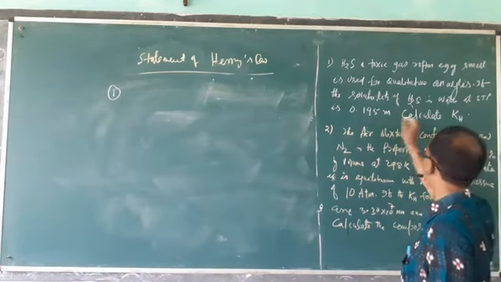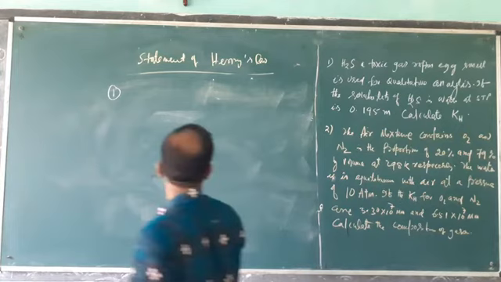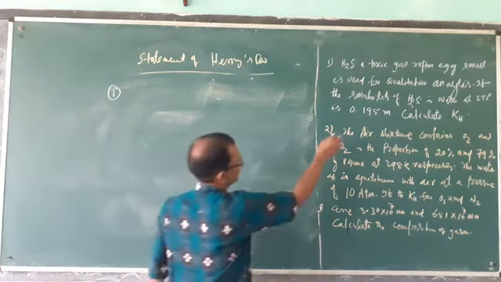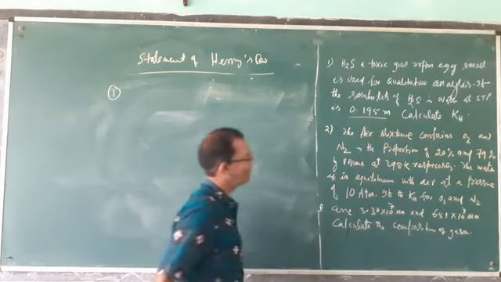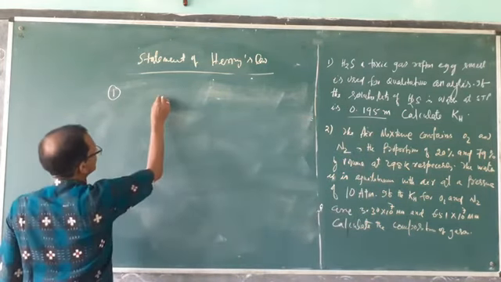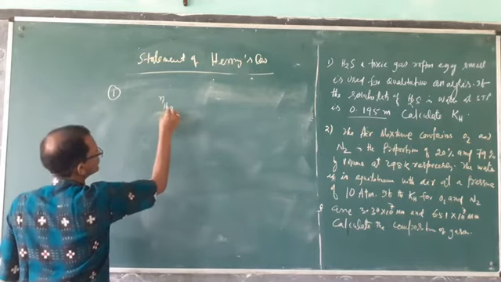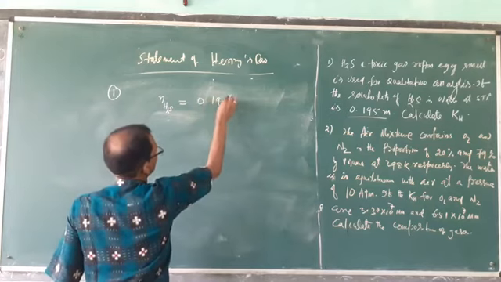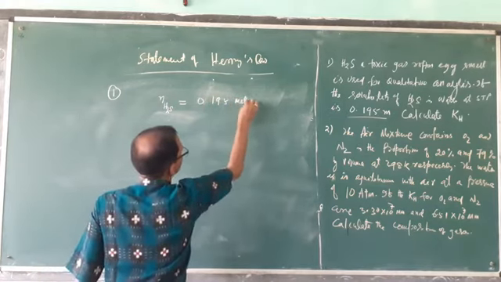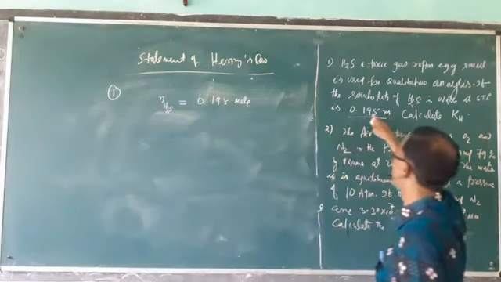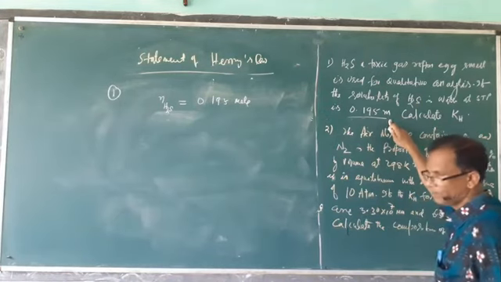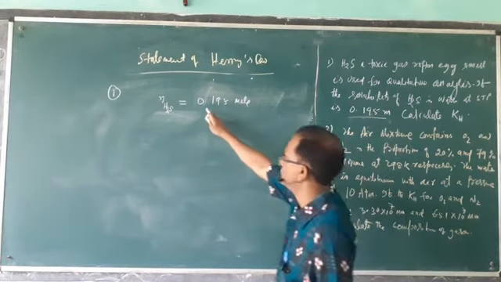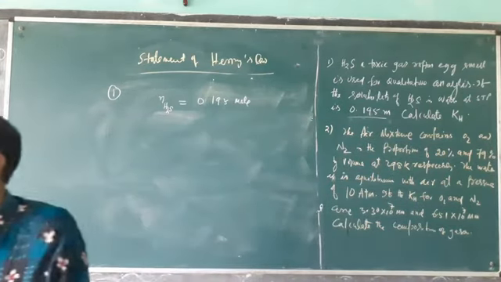Here we will calculate the KH value. We know 0.195 is the molality. So the number of moles of H2S gas is how much? 0.195 mole, because molality is the number of moles per kg.